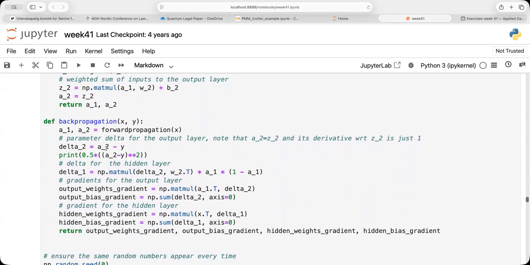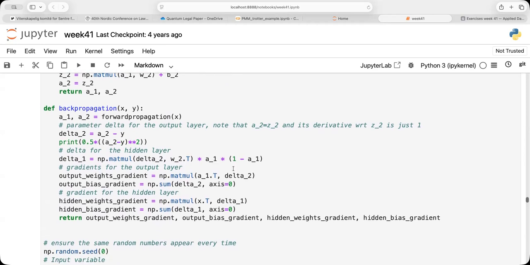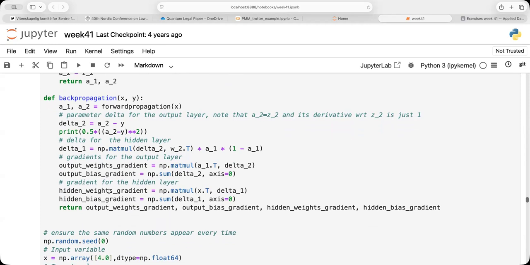So I have this delta 2, which is just A2 minus Y1, and then I multiply that one with this parameter A1. So this is essentially the parameter which we put up, delta 2 and delta 1. I have the output weight gradient and the output bias gradients. This is my hidden weights gradient and my hidden bias gradient. So this function here returns the gradients by setting up the expressions which you saw on the whiteboard.